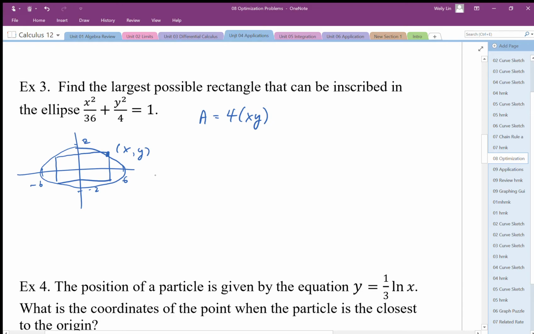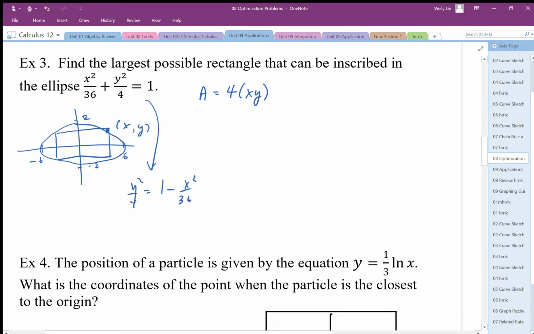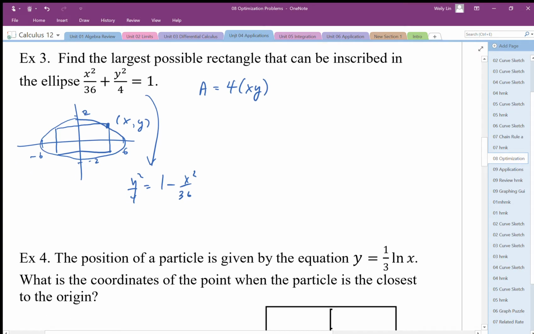Well, if I solve for y here, I end up with y squared over 4 is equal to 1 minus x squared over 36. I can actually just get rid of this y and do it all in terms of x, and then I can differentiate with respect to x. So working this out, I get y equals plus or minus the square root of 4 minus x squared over 9.